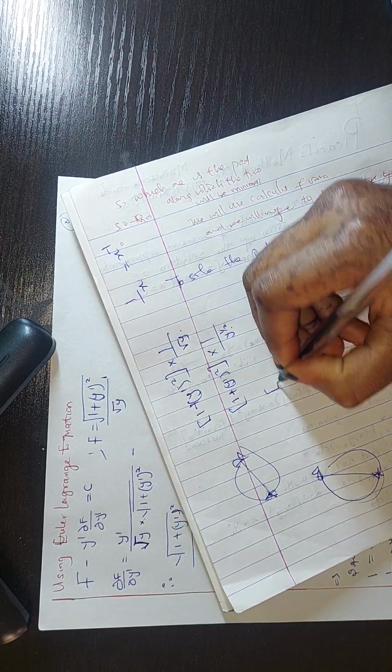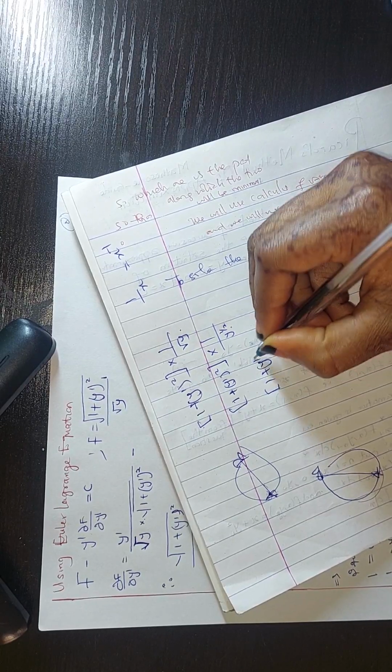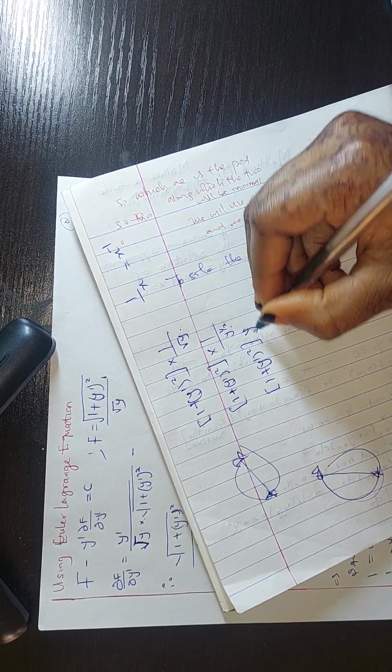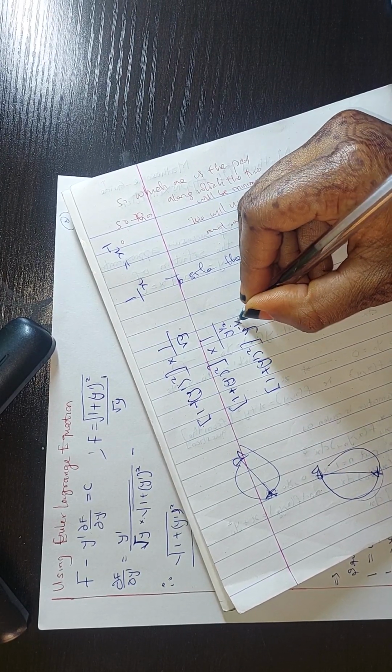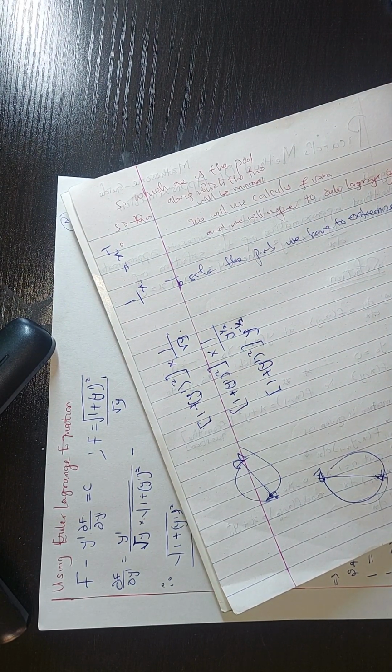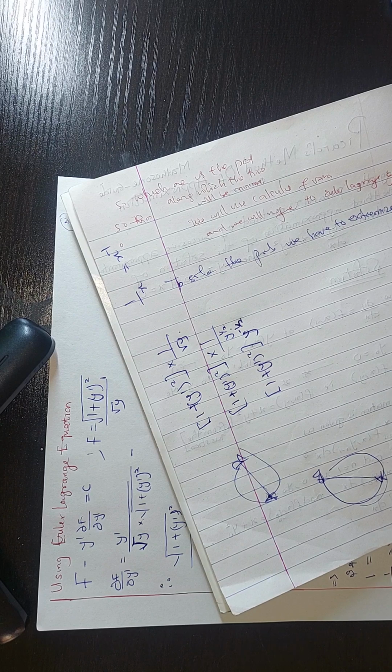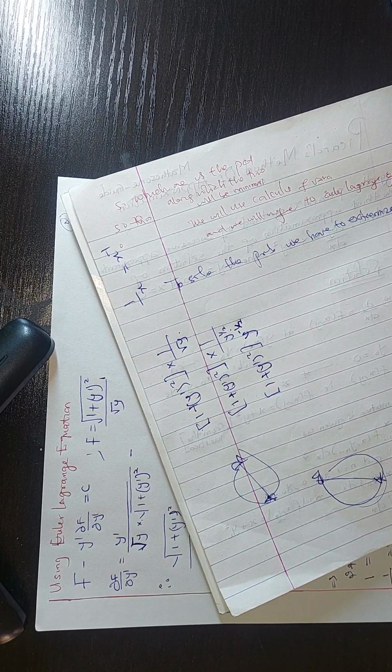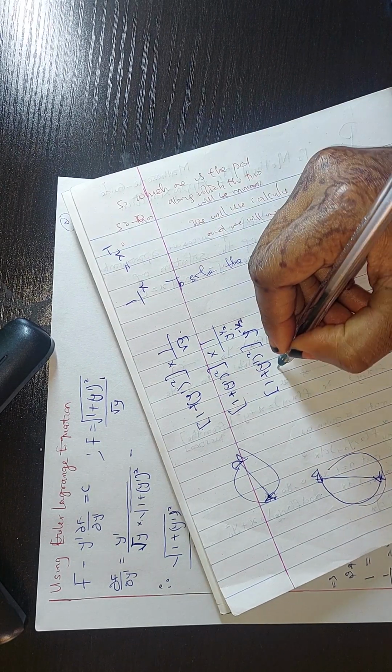So this is the same thing as 1 plus y prime squared raised to power minus, multiplied by y raised to power minus half.